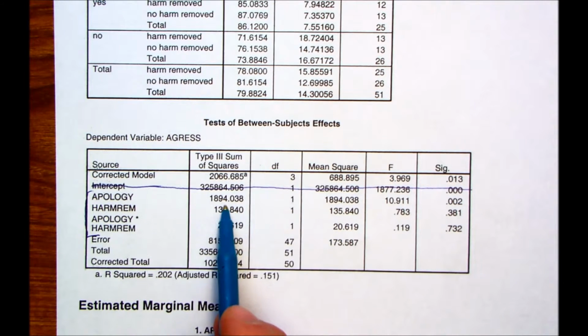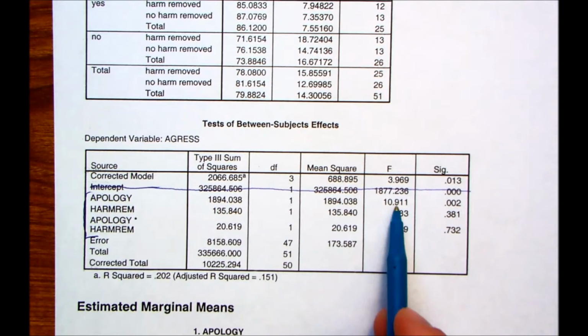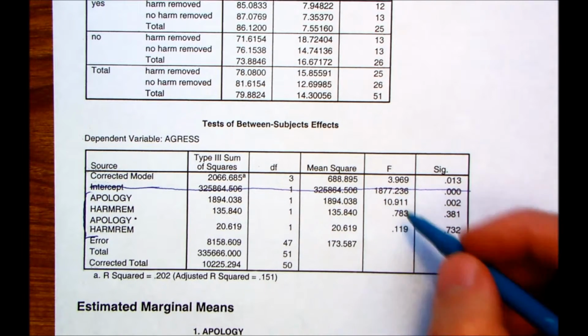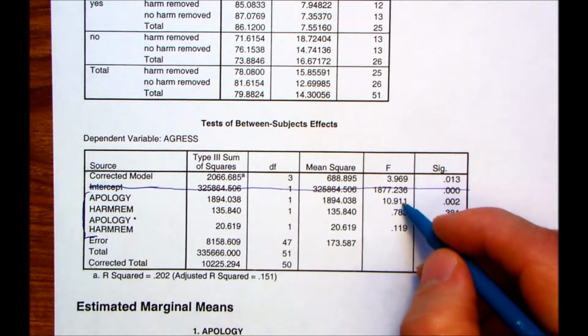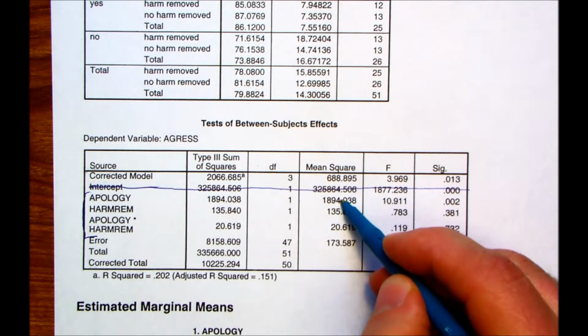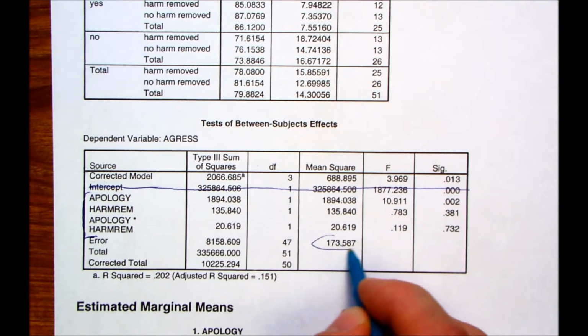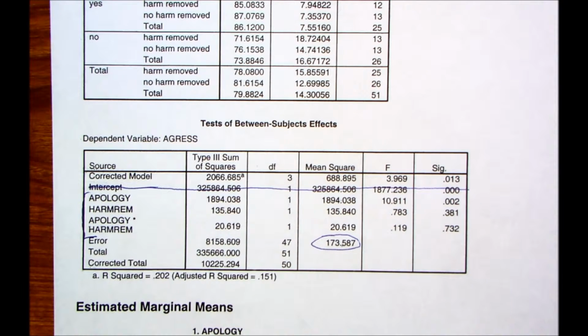Here's the mean square, so the sum of squares divided by degrees of freedom is the mean square. And then we have the F ratio. How do we calculate the F ratio? We take this mean square for the apology divided by the error that's listed here, or a lot of times we talk about that as the mean square within.